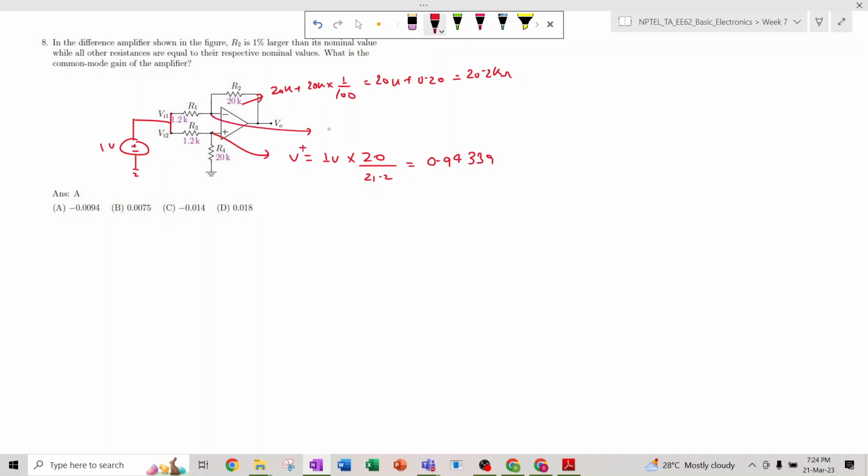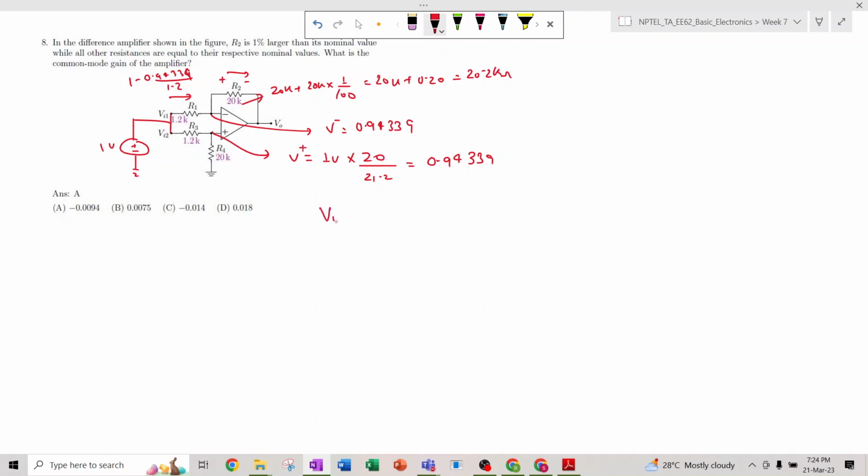So V minus will be the same, 0.94339, and here also the current will be the same, like (1 minus 0.94339) divided by 1.2k. That current will flow through this side, so it will be minus.